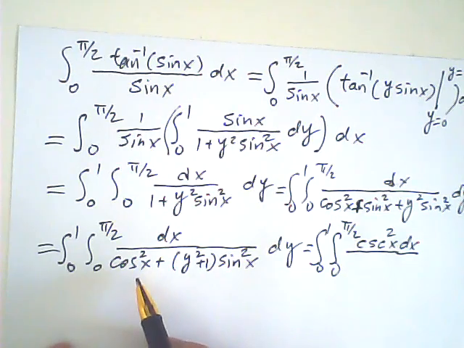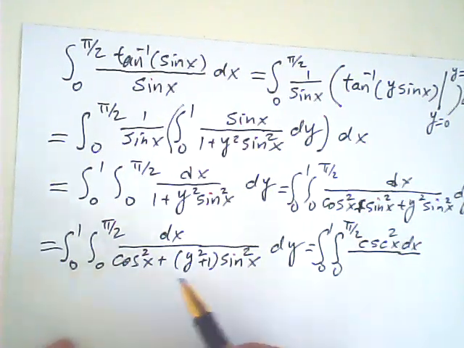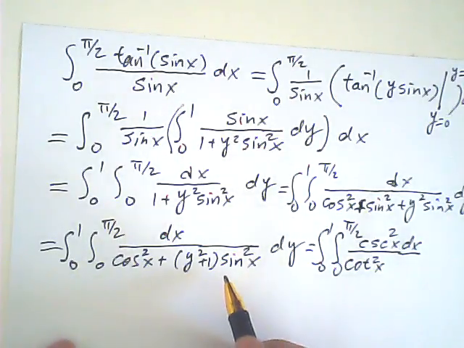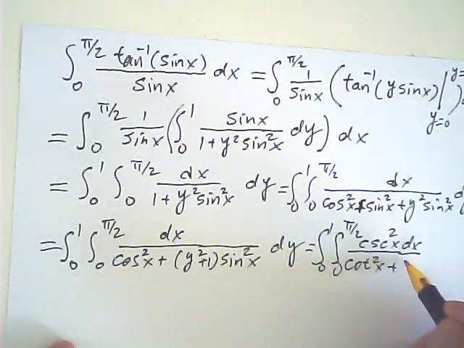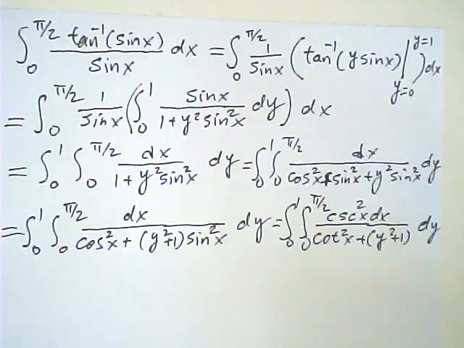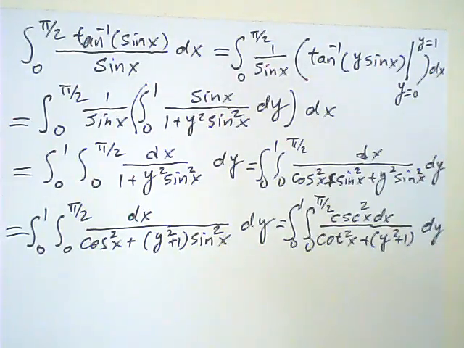The bottom, divided by sine square, cosine square becomes cotangent square, and this one divided by sine square is y squared plus 1, right? Then dy. Very good.